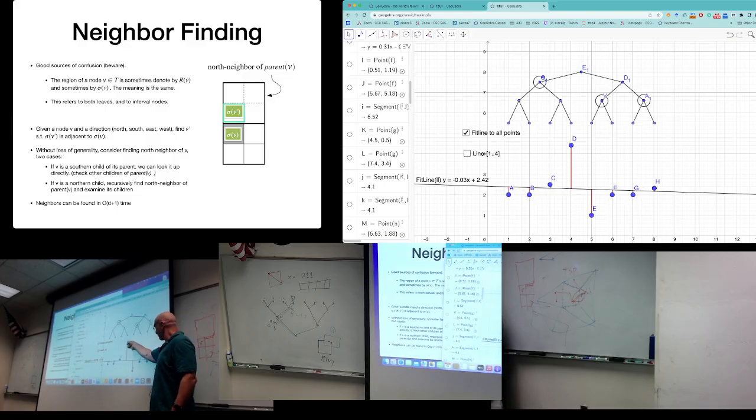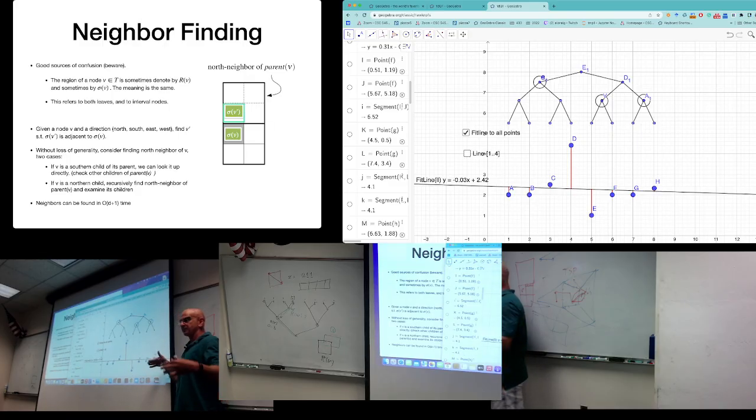And I look at the error that I'm getting, which is the sum of the square of these red segments.